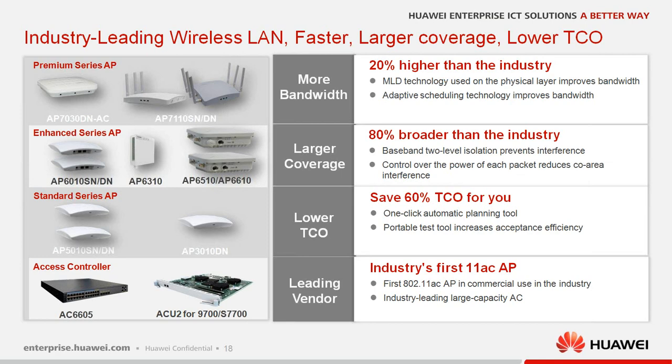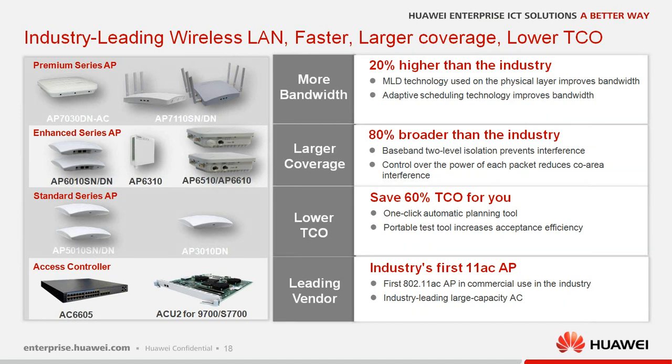The key points the whole WLAN family brings to the table are more bandwidth, almost 20% higher than the industry, and almost 80% broader coverage when you look at the competition.